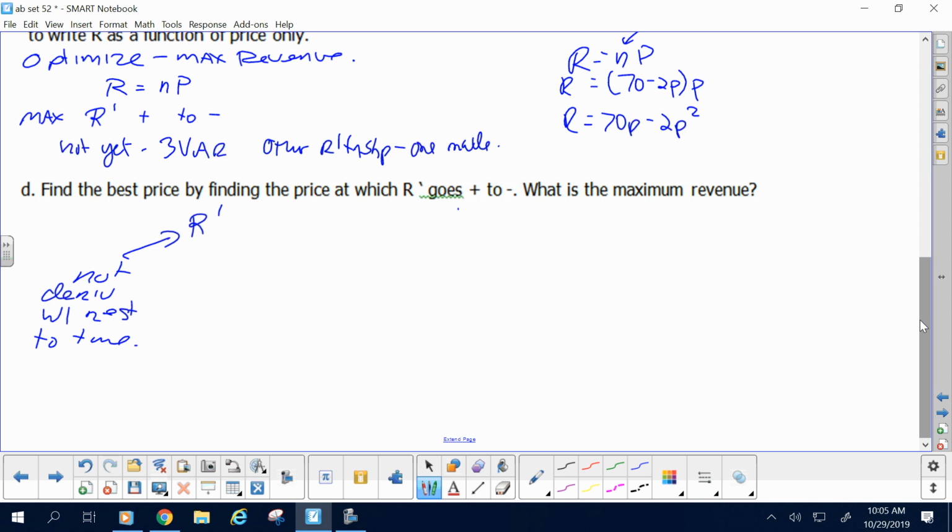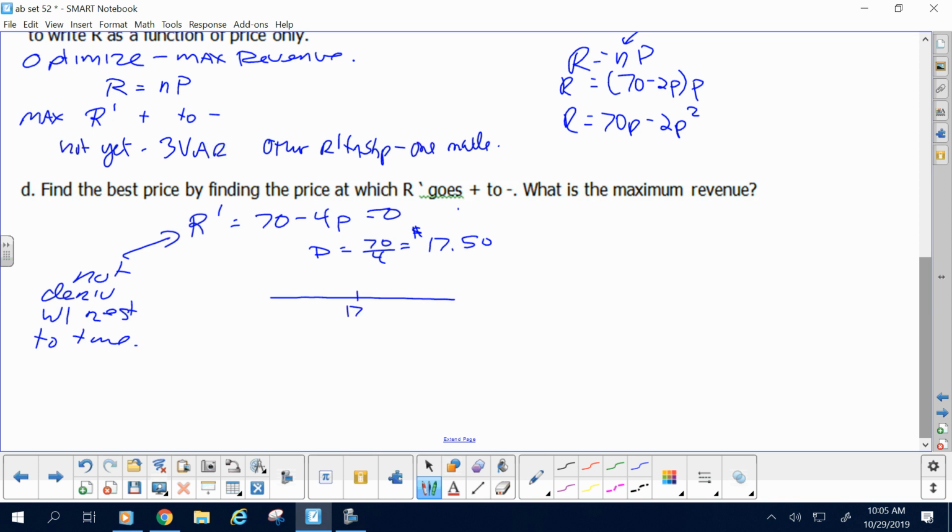So just those two. So what is R prime? 70 minus 4P. What's the critical number? 70 over 4, which goes down all the way to 35 over 2, or 17.5.